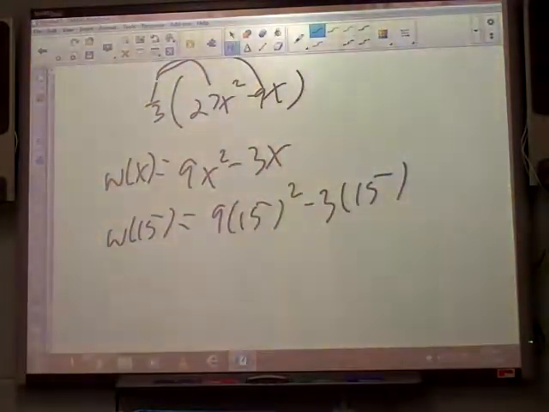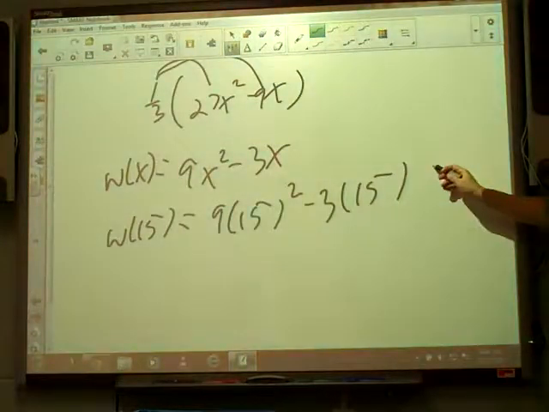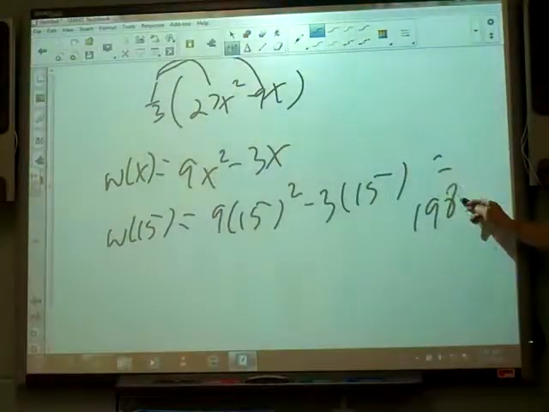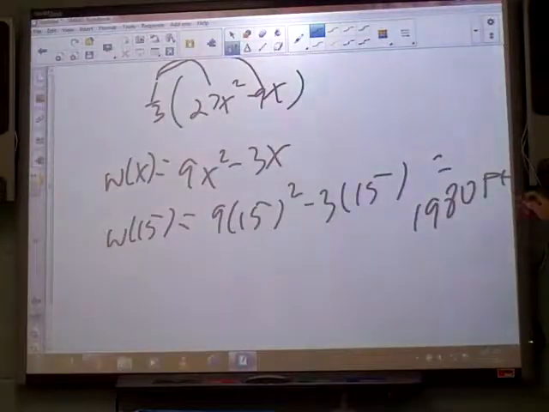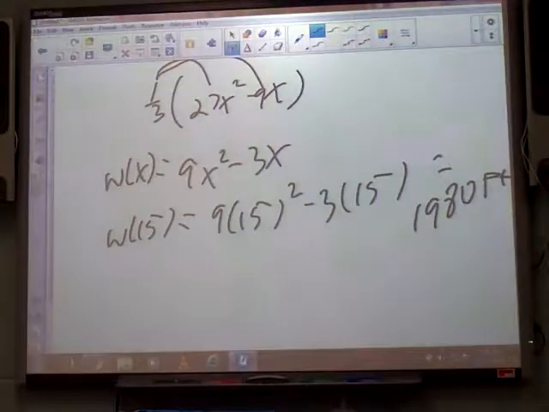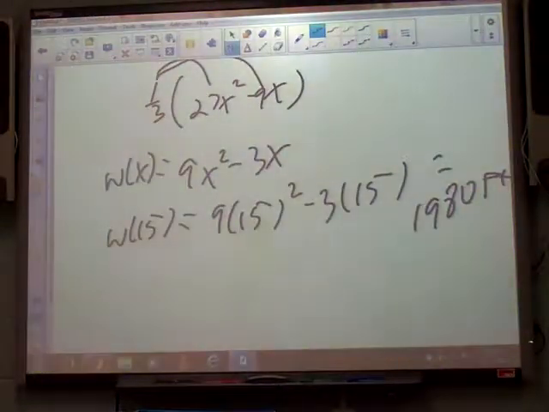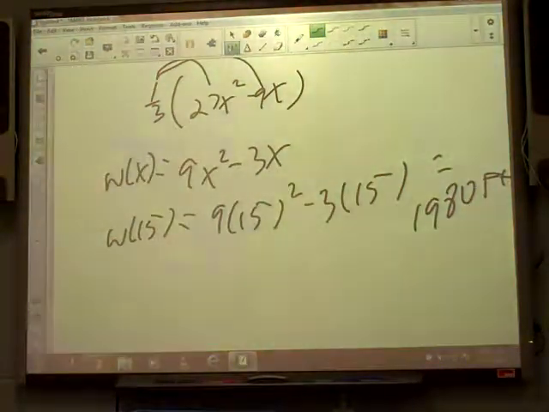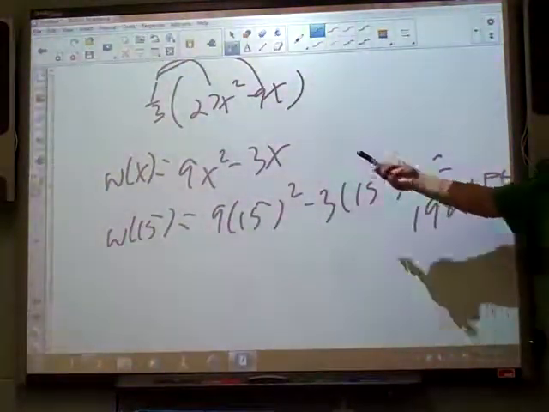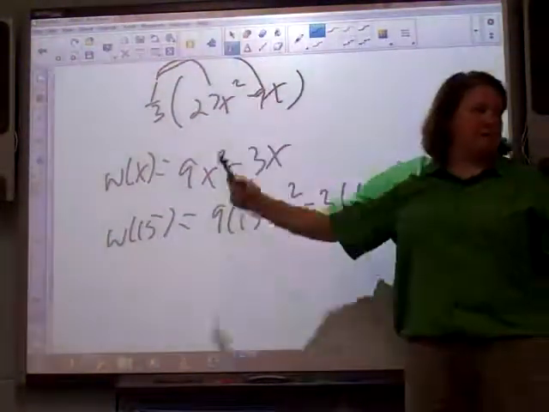Did that, and I got 1,980 feet. You can check that in your calculator. 15 squared times 9 was 2,025. And then 3 times 15 was 45, and you subtracted those. Yeah, 1/3, because that's what the problem said, so I just distributed it.